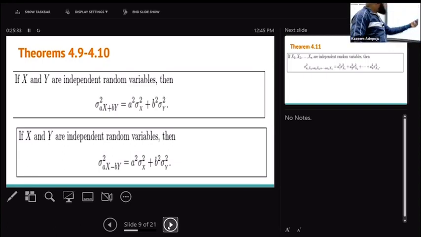Okay, so theorem 4.9 is trying to tell you that if I have a linear combination of X and Y, and I'm seeking to get the variance, that is it. Now, what if the linear combination is AX minus BY? It doesn't matter whether it's minus or plus. You know why? I'm going to show you something now.